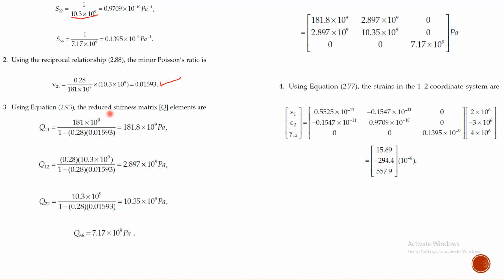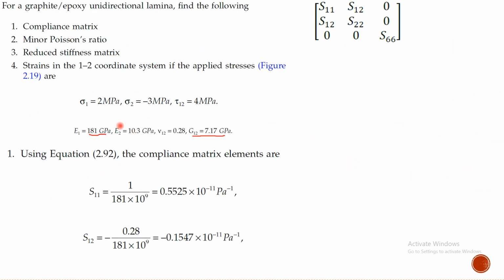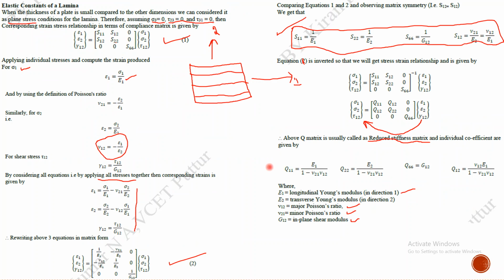Next one is the reduced stiffness matrix. In order to calculate the reduced stiffness matrix, either you can go through the previous terms that we have used, so I can use this equation to calculate the reduced stiffness matrix. And one more thing is, we are already familiar with these values.